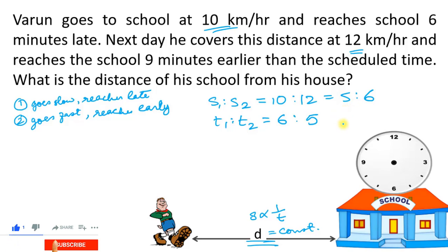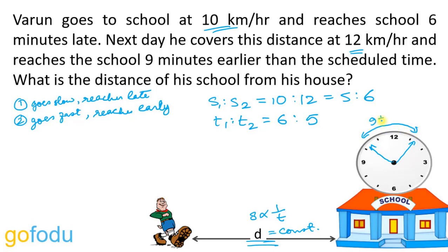Now reaching 6 minutes late and reaching 9 minutes early. 6 minutes late means this is the time on the clock when Varun reaches school. And 9 minutes early means this is the time on the clock. So the difference between reaching 6 minutes late and 9 minutes early is 9 plus 6, 15 minutes.